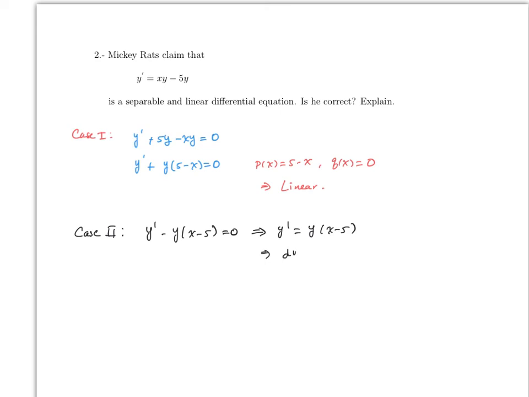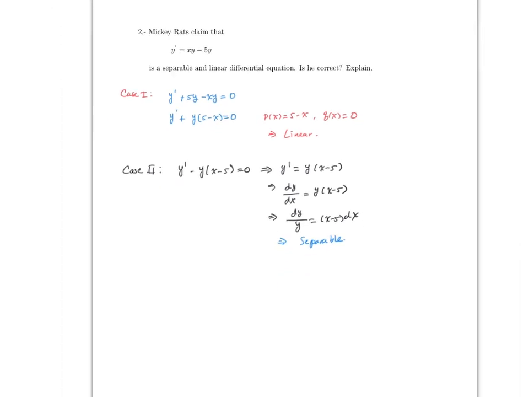Or you have dy over dx equals y times x minus 5. And you can clearly separate this. This will be dy over y, and then it will be x minus 5 dx. So therefore, yeah, he is correct. This is separable.